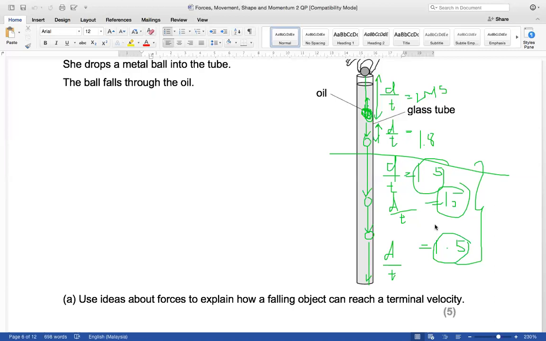So you don't say between the top and the bottom of the glass tube. You say time taken for the ball to pass between 2 points, because maybe this point and this point, this point and this point. So the time taken for the ball to pass between 2 points is measured. So you just edit your answers. Please don't erase, so that you know the difference.